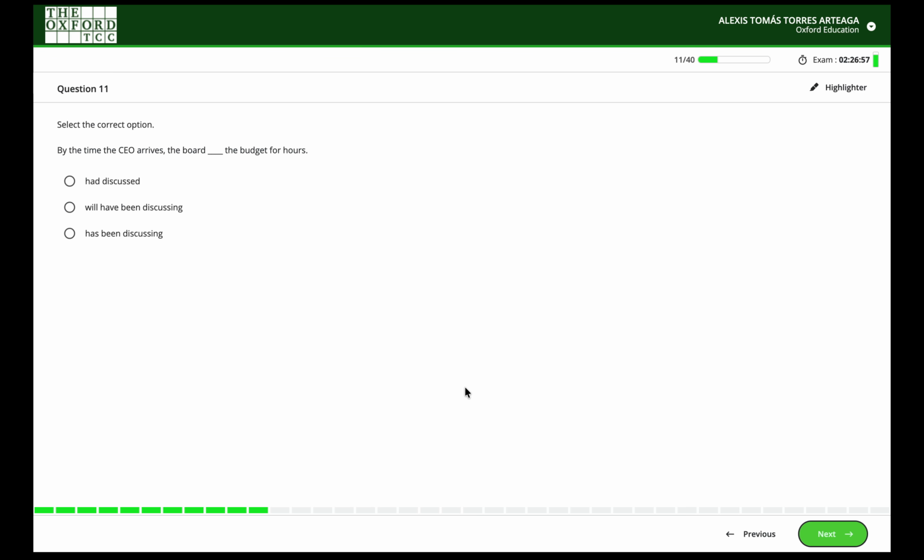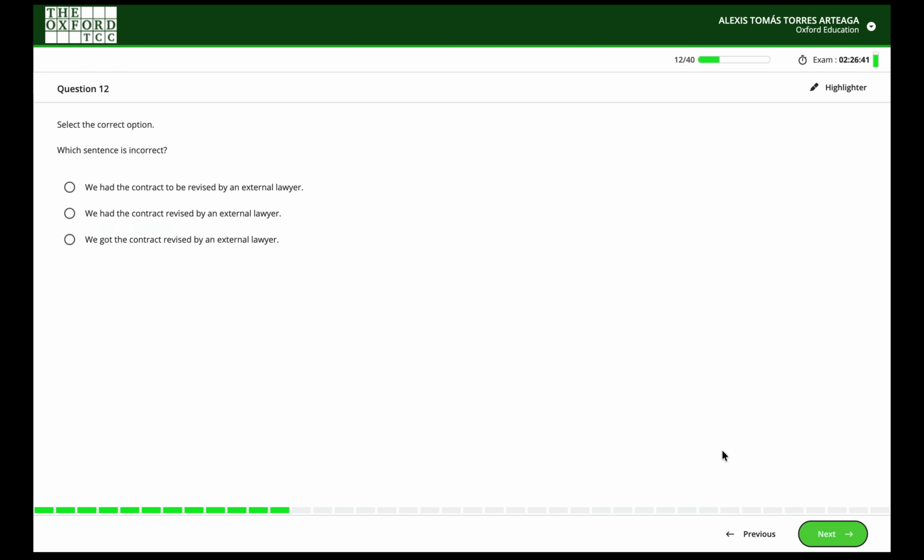By the time the CEO arrives, the budget for hours. By the time the CEO or the board will have been discussed. Which sentence is incorrect? We had the contract to be revised. We got the contract revised by an external lawyer.